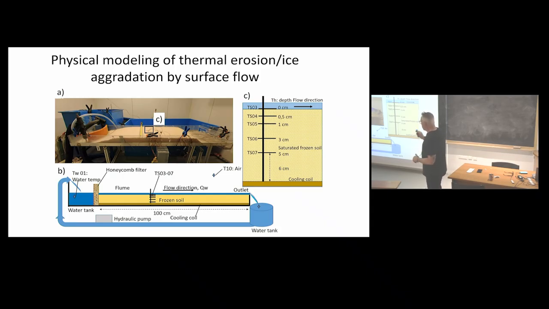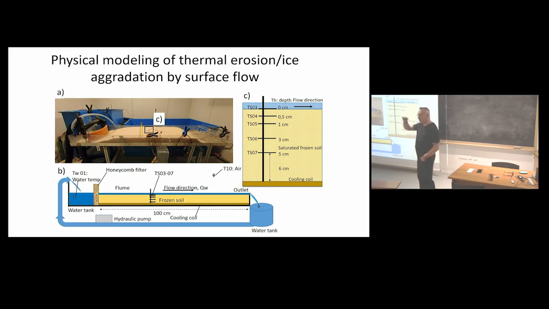Okay. This one, I've been contacted by folks at Paris-Saclay who have a hydraulic channel like that, and they do physical modeling. They have water flow in the flume here on frozen soil, and then we check at which temperature and which flow rate you thaw the permafrost.